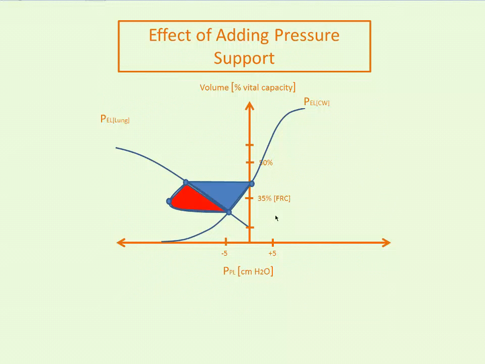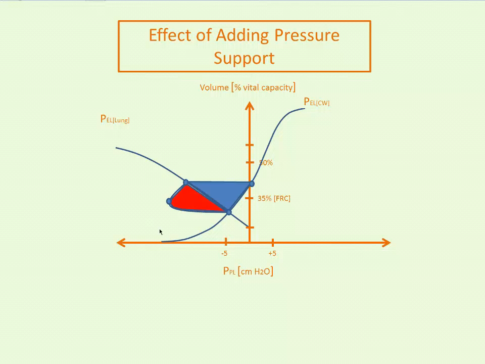And you can kind of analyze the effect of adding pressure support to a patient who's spontaneously breathing. So you could think of this as adding BiPAP or CPAP, or even tubing a patient and placing them on pressure support where they're driving their own inspiratory and expiratory needs.